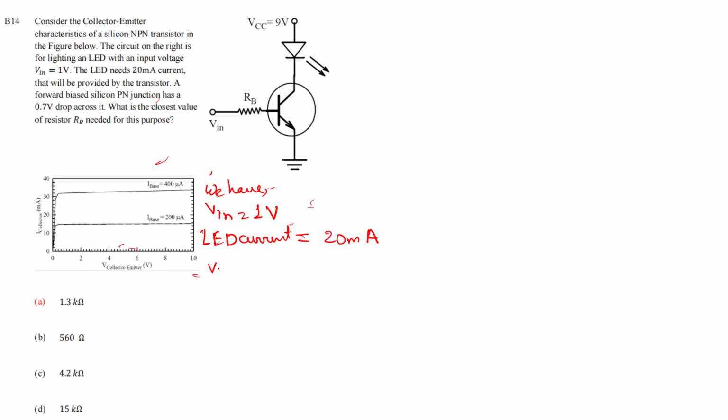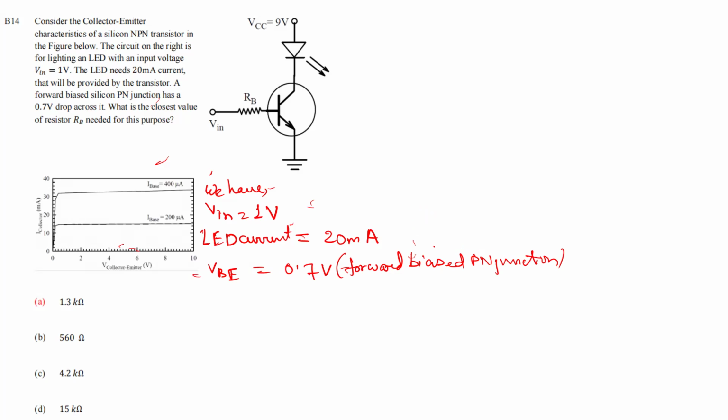V BE equal to 0.7 volt, forward bias PN junction.